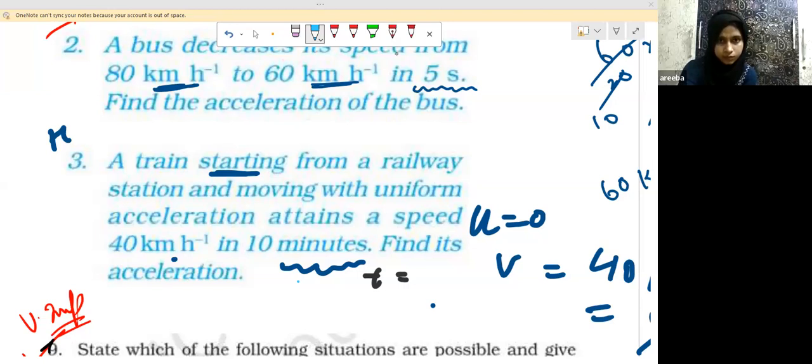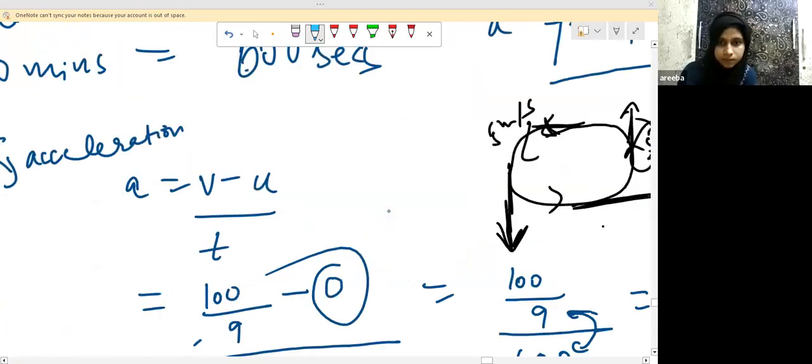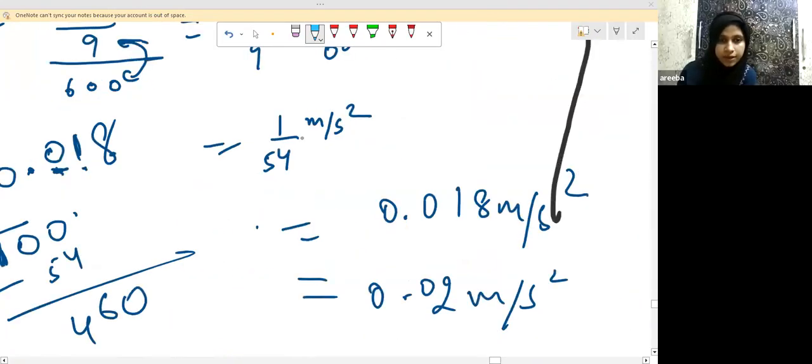Is it correct? It's correct. I haven't got an answer from Umaima. Acha, okay, Umaima has also sent. Let's see kiska correct hai. So Umaima's is correct.